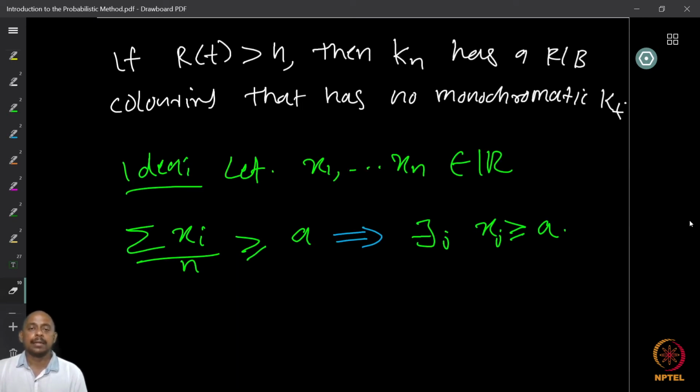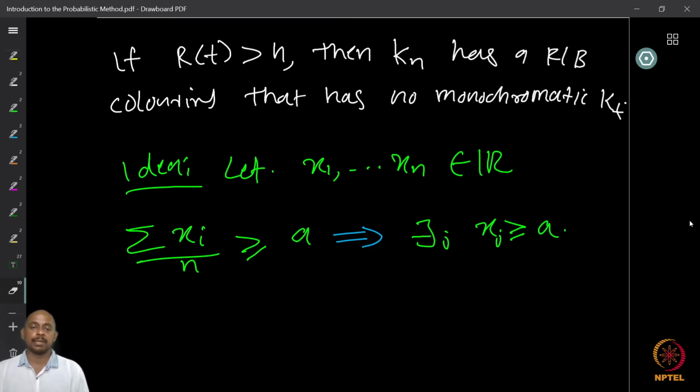Now, if the Ramsey number R of t is larger than n, then we know that Kn has a red-blue coloring which does not have a monochromatic Kt. Because if n was larger than R of t, then any coloring, no matter how, would end up with a monochromatic Kt.